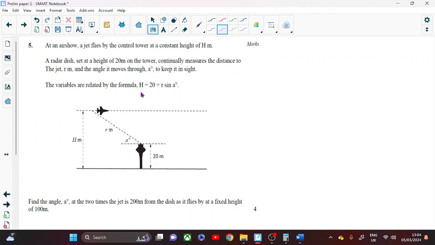So this is our important bit. The picture's there for use. It's not the important bit. We have to find the angle A at the 2 times the jet is at 200 meters from the dish. So we've got 200 as our radius as it flies by at a fixed height of 100 meters.